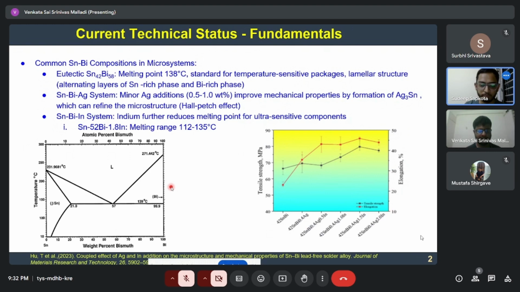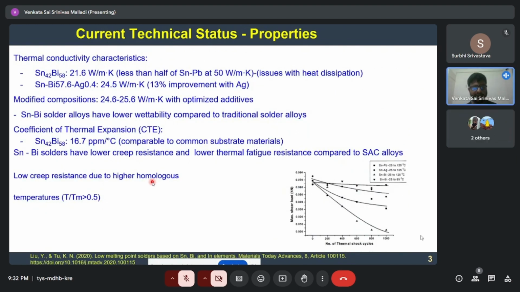Thank you. Myself Srinivas, and coming to the properties of tin bismuth based alloys, they generally have a lower thermal conductivity, 21.6 watt per meter Kelvin, which is less than half of the tin lead based alloys. Due to this lower thermal conductivity, these alloys have some heat dissipation issues.